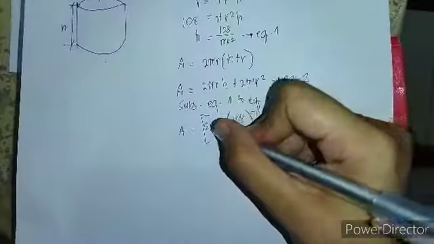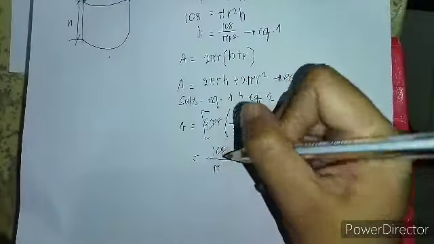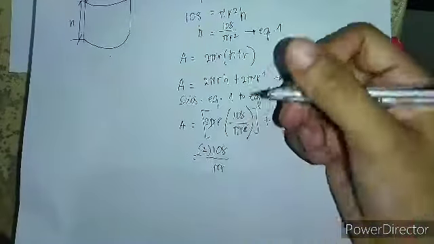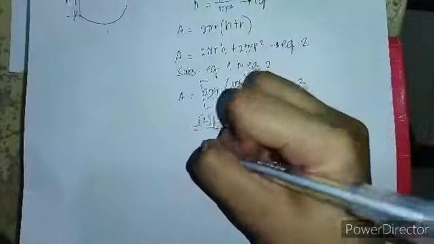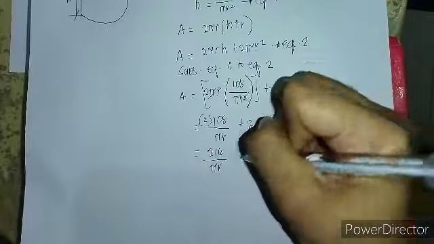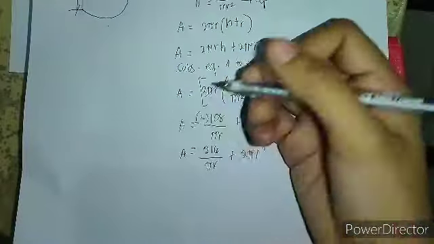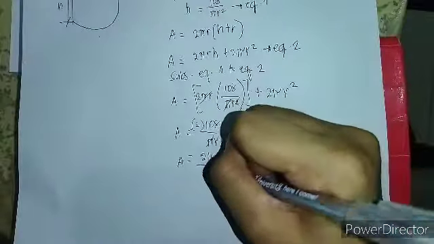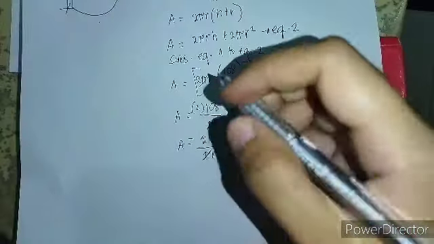We cancel this, so we have 2 times 108 over r plus 2 pi r squared. The pi will be cancelled also.